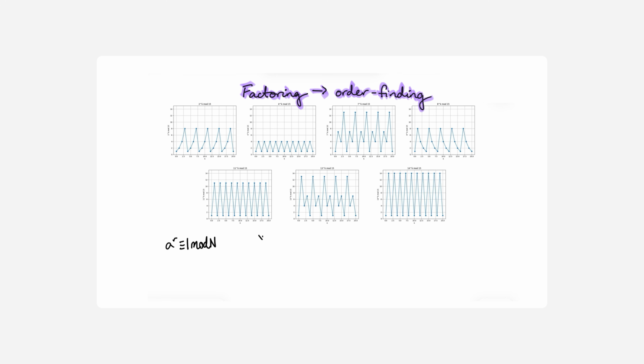To show exactly how finding this order reveals p and q, we need to do a little math. It might not be obvious where we're going at first, but I promise it'll make sense in the end. Let's start with the number x, whose square is congruent to 1 mod n. So x squared is congruent to 1 mod n, but where x itself is not congruent to either plus or minus 1 mod n.